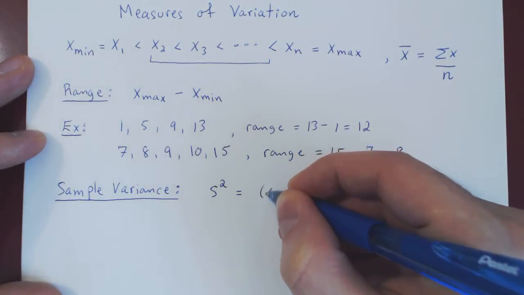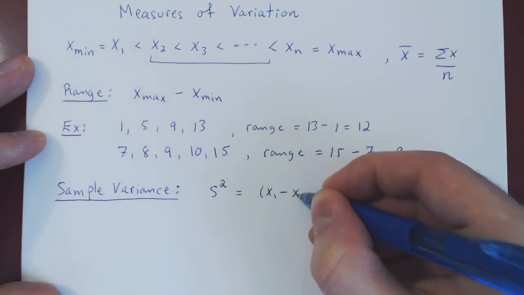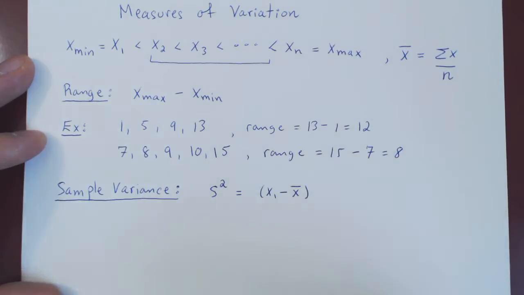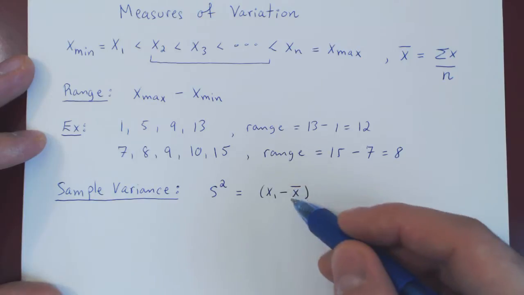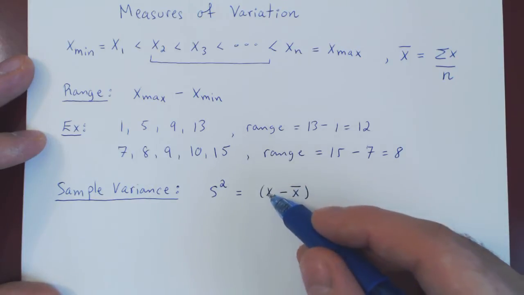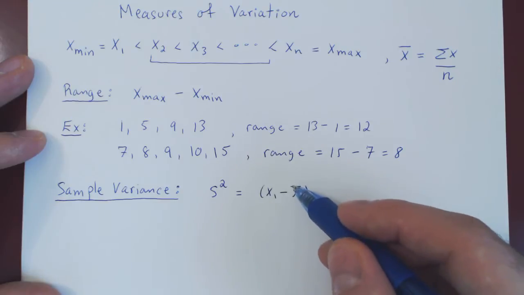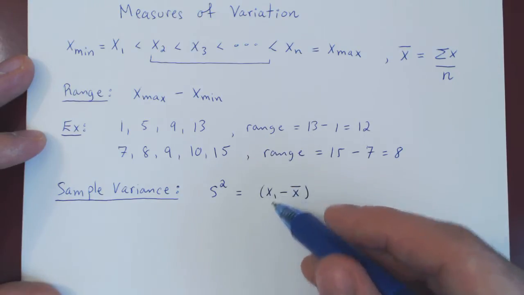So we first take x1 minus the sample mean, because again we want a positive measure of distance, because x1 minus x bar is the distance between x1 and x bar, but x1 will be less than x bar, and we'll have a negative number.